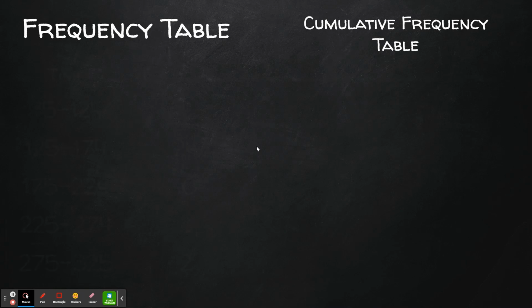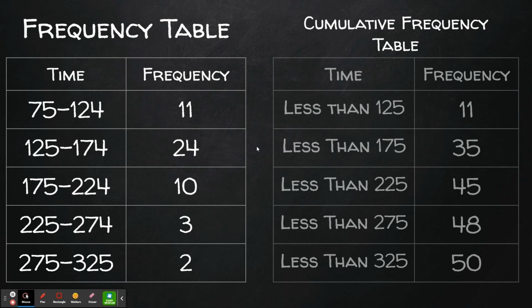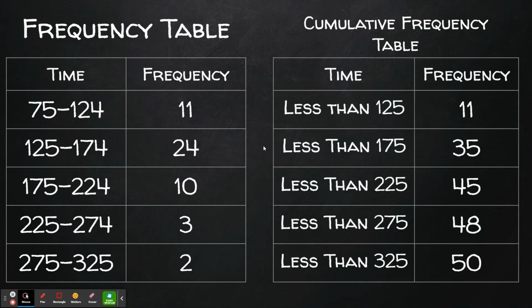All right, now we have a frequency table, and then we also have something called a cumulative frequency table. The cumulative frequency table does just that. It accumulates the values. So we would start with 125 and say, okay, there are 11 values less than 125. When we jump up to the next upper class limit of 175, we would add the 11 to the 24 that are between 125 and 174.